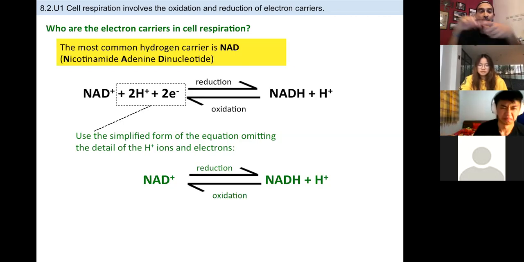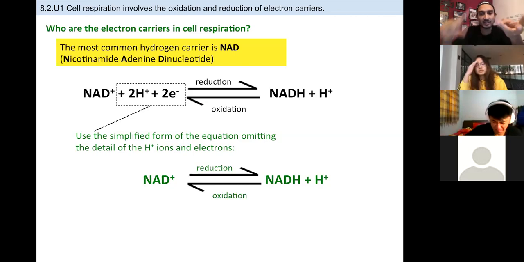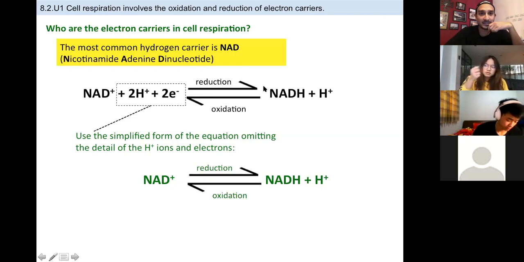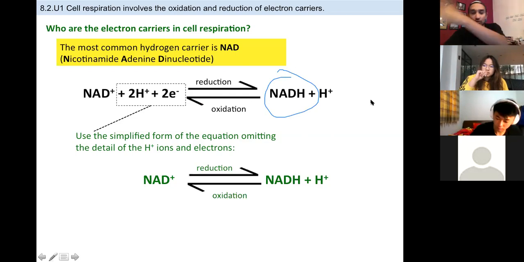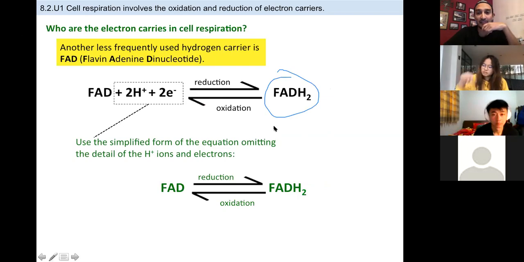So in glycolysis, in the link reaction, in the Krebs cycle, we're going to basically make NADH so that it can go to the electron transport chain. We are going to make FADH2 so that it can go to the electron transport chain. How are we going to make it?